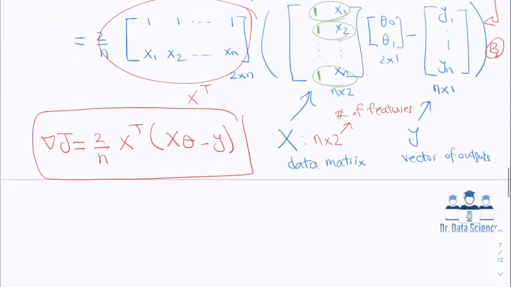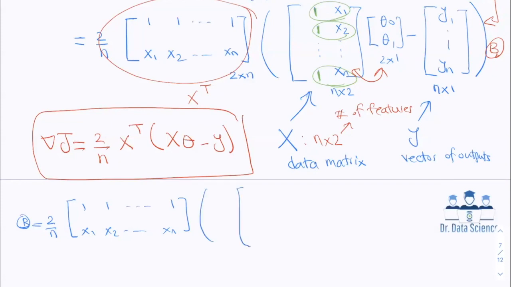So in order to do so, we have to do this matrix multiplication here to start simplifying this. So the part B here is equal to the 2 by n matrix with rows of 1s and x1, x2, ..., xn.